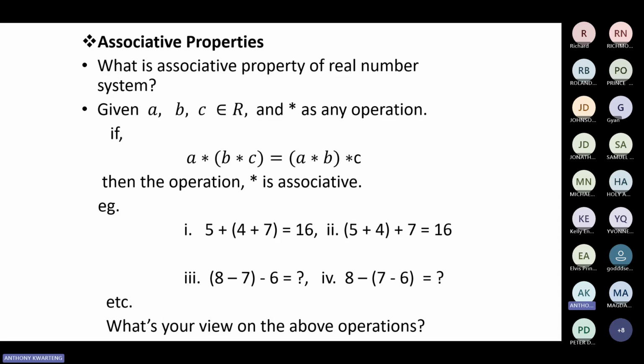Now let's see this one. What is 8 minus 7? 1. Then 1 minus 6 is minus 5. So the answer on the left side is minus 5. Now let's go to the right side, the bracket first. 7 minus 6 is 1.